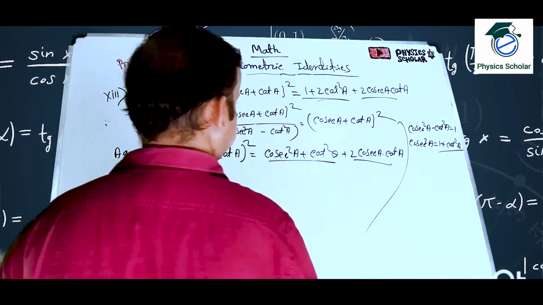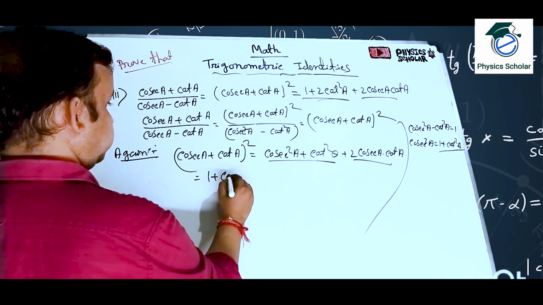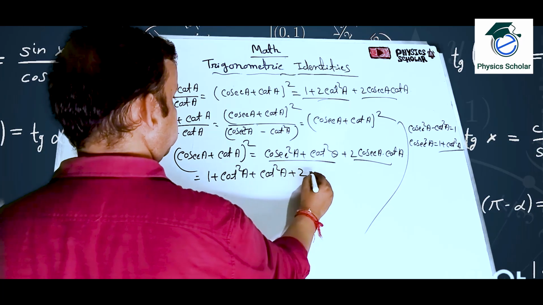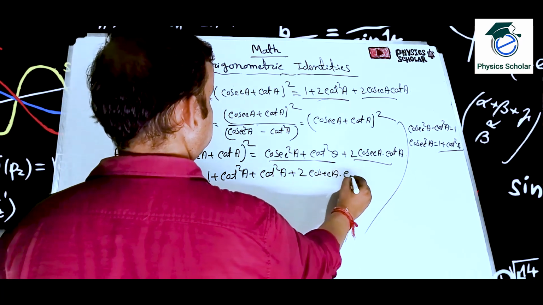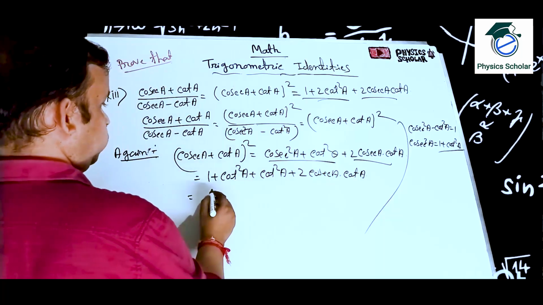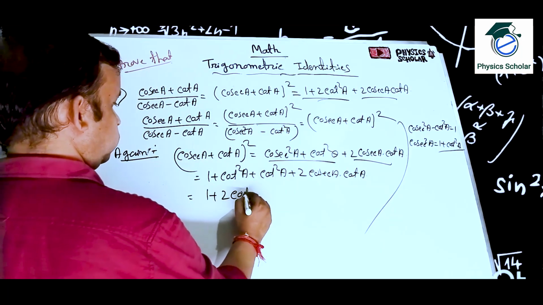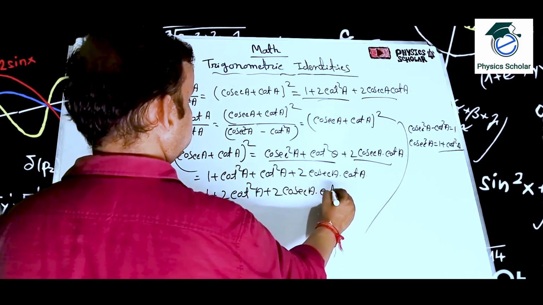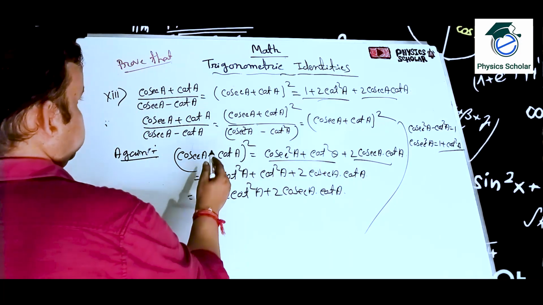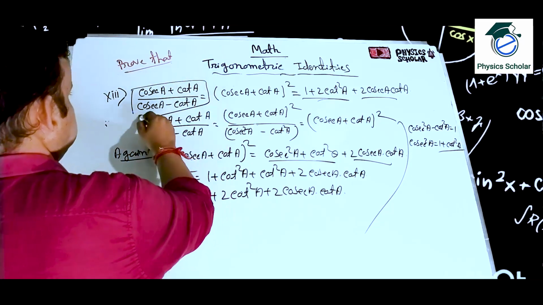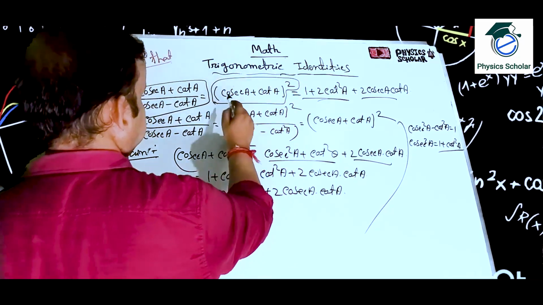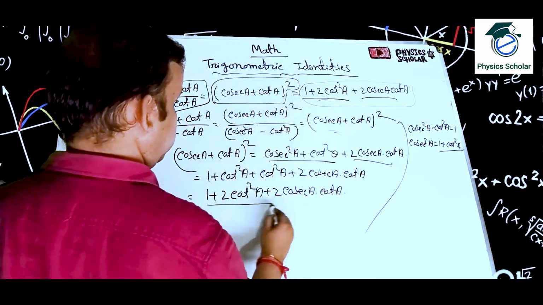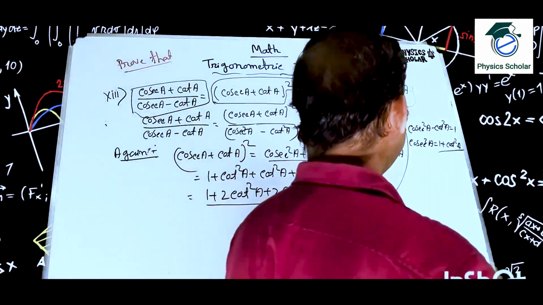So now instead of cosec, what we are writing? 1 plus cot square A plus cot square A plus 2 cosec A into cot A. So that means 1 plus 2 cot square A plus 2 cosec A into cot A. See? So this is equal to this. Okay, proved. This all are coming. Clear? So this is our sum.